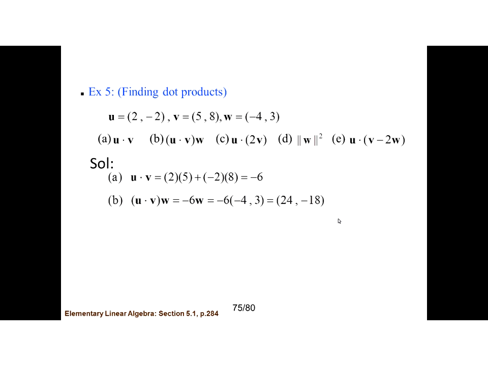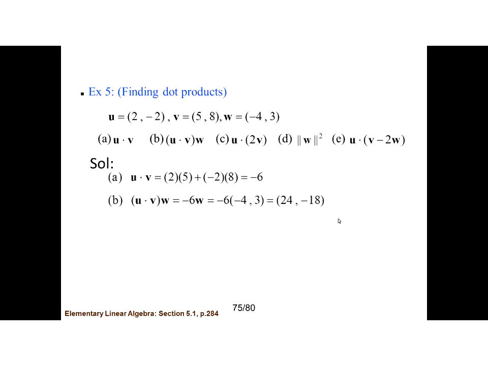Similarly, the second part: from the first part u dot v is equal to minus 6, and multiply with w, that is minus 4 and 3. So insert it inside. Minus 6 into 4 is 24, and minus 6 into 3 is 18. This is the procedure. Now the third part, C part, is u dot 2v.